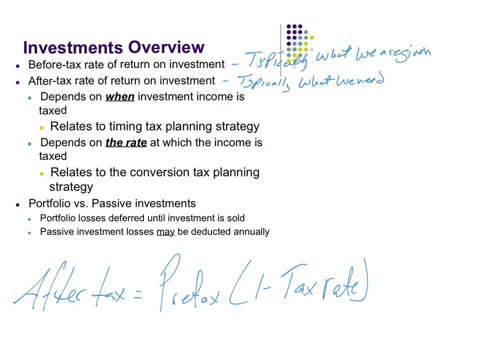Then there are a couple of things that we have to remember about what determines our after-tax rate, okay? So obviously there's timing, right? When is the income taxed, all right? And then the rate at which the income is taxed, okay?